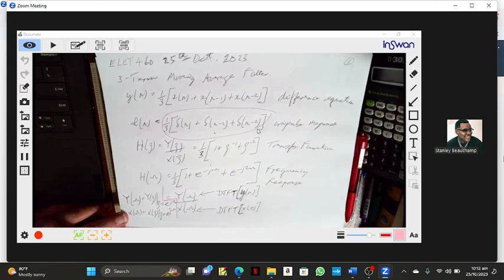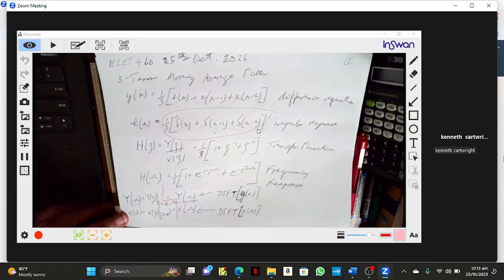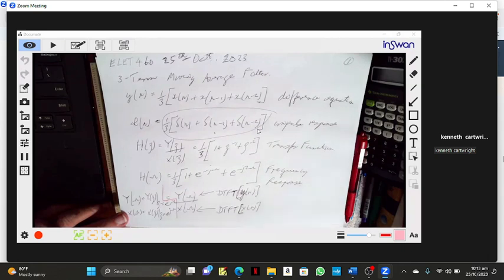You have to convert the e to the j omega to cosine. No. See, you all are telling me how to do it. I'm simply asking, what is the magnitude response? I'm going to ask how after we establish what it is. What is the magnitude response?